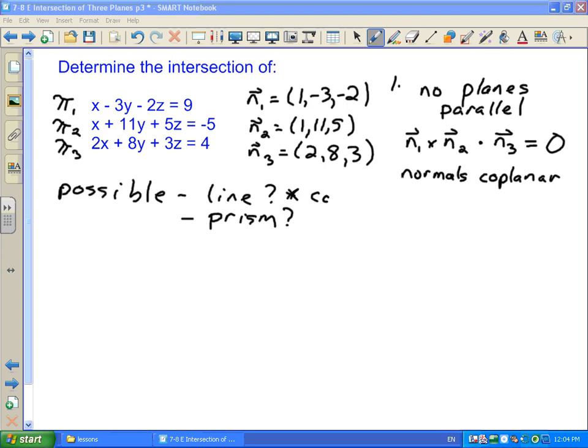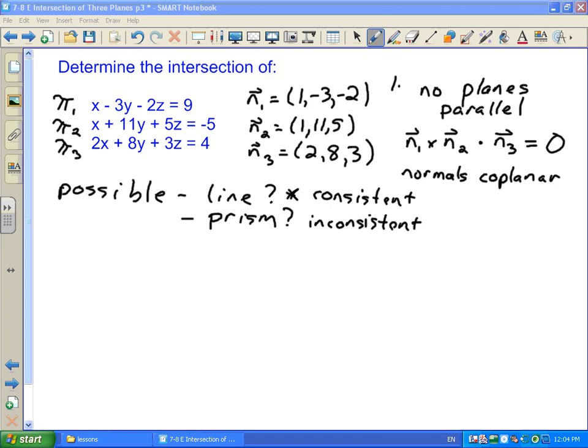So this one is consistent. It has a solution. This one is inconsistent. So it'll give us something that is inconsistent when we try to solve it. And of course, I still can't spell the word consistent. Consistent.